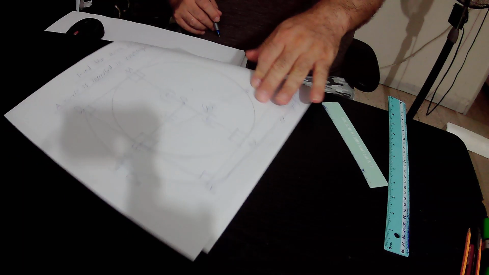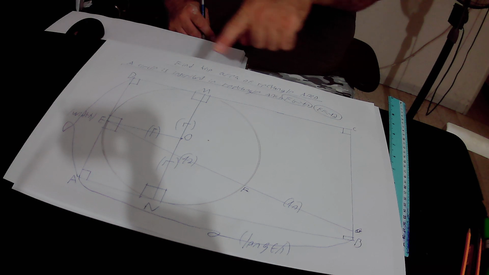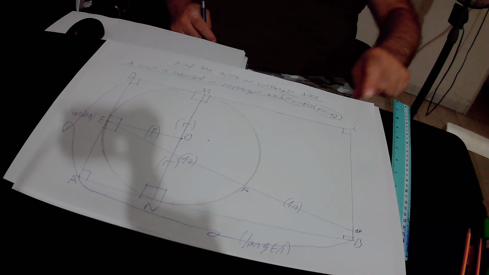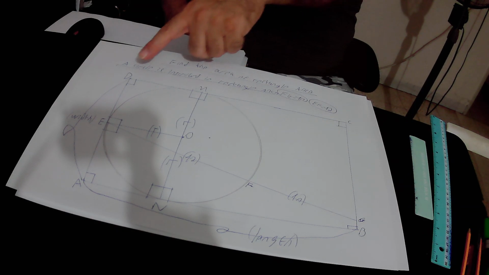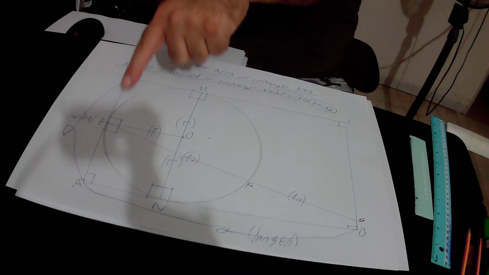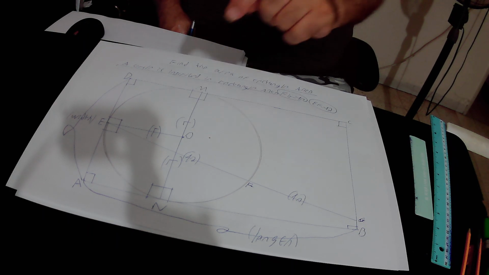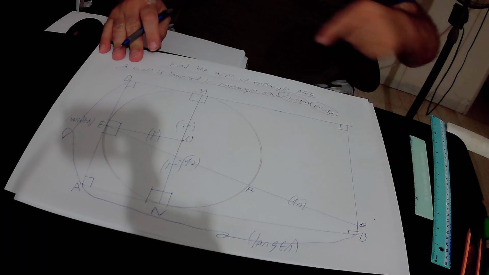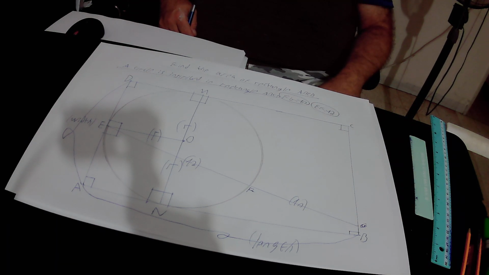So by doing this construction, we created a quadrilateral DMOE. Inside this quadrilateral DMOE, we have 1, 2, 3 right angles. The sum of 3 right angles is 270 degrees. So 270 degrees plus the size of this 4th angle, in total they must be equal to 360 degrees, according to the rule that the sum of the angles in any quadrilateral is equal to 360 degrees.